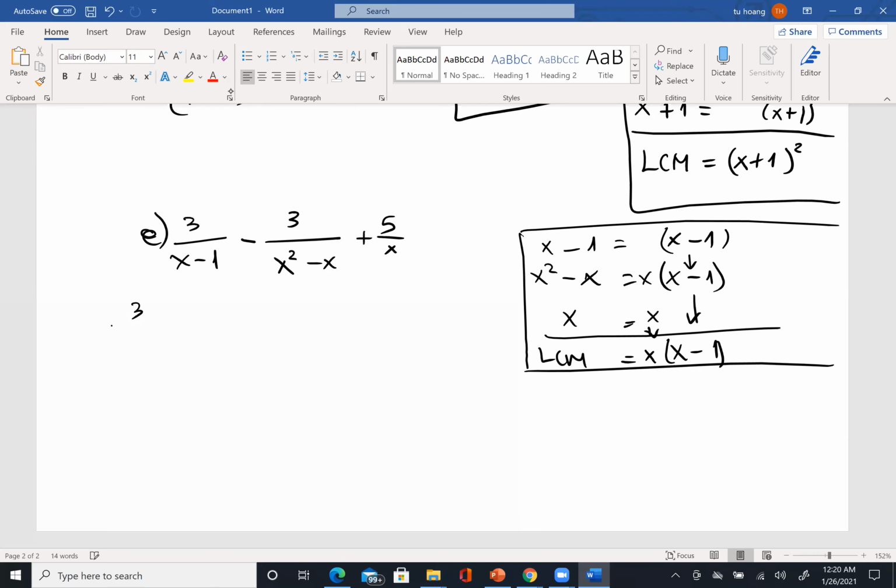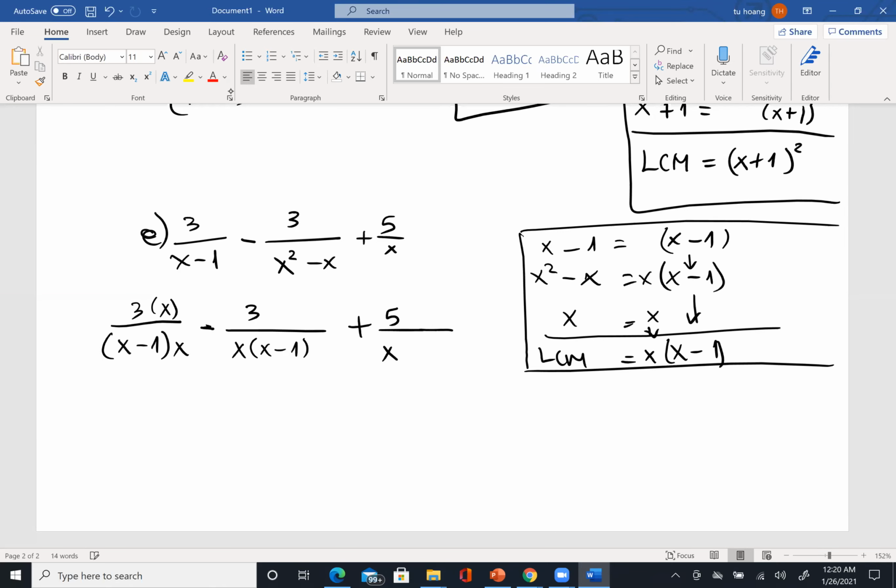So the first term, I have 3 divided by x minus 1. You need to multiply by x in order to make it look like the LCM, so top and bottom multiply by x, giving 3x. For the second one, you can factor it and it becomes x times x minus 1, which is exactly the LCM already, so I don't change anything for this term, and I add with the 5 divided by x.